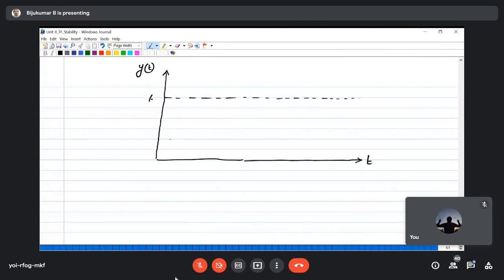We draw this waveform, and there will be some band, let it be plus or minus 2% and 5%, closer to the steady state value. So if I draw the response, there will be some peak overshoot.